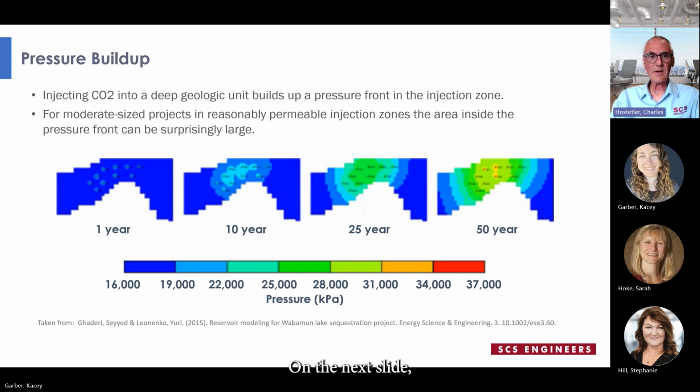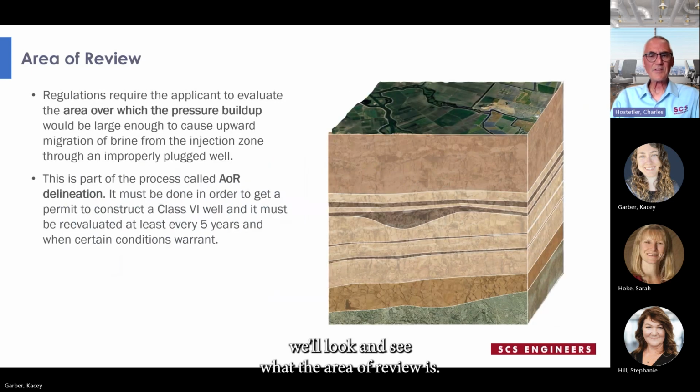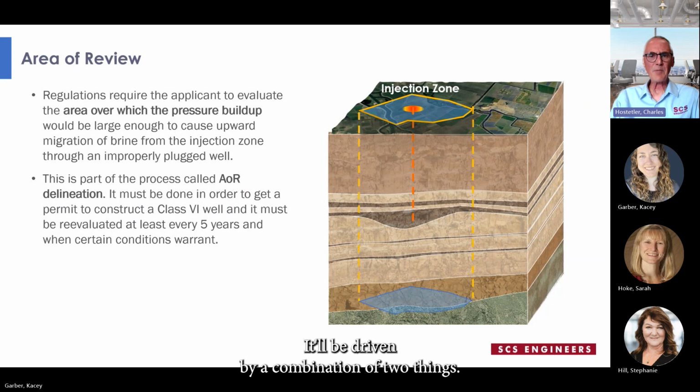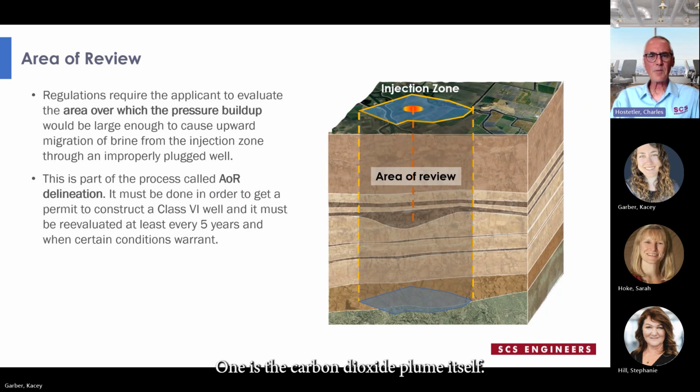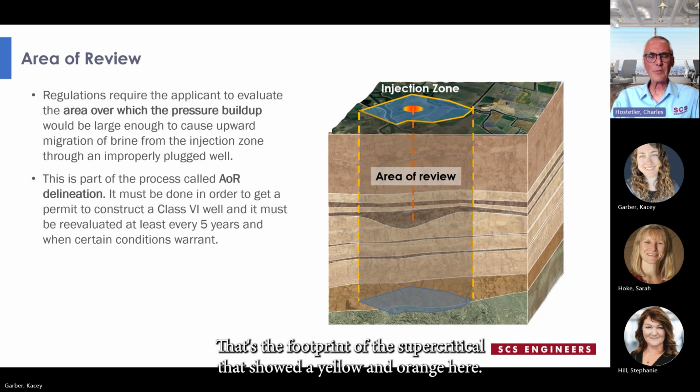On the next slide, we'll look and see what the area of review is. So each project will have an area of review. It'll be driven by a combination of two things. One is the carbon dioxide plume itself, the footprint of the supercritical, that's shown in yellow and orange here.